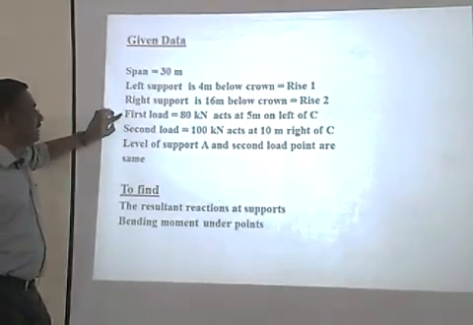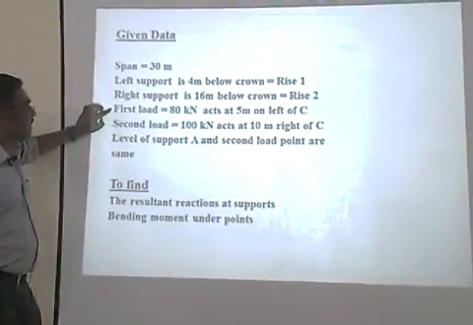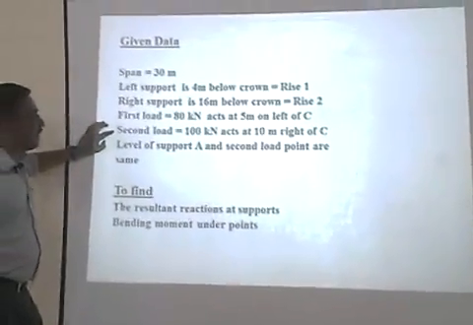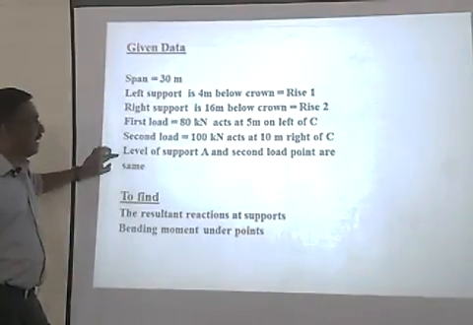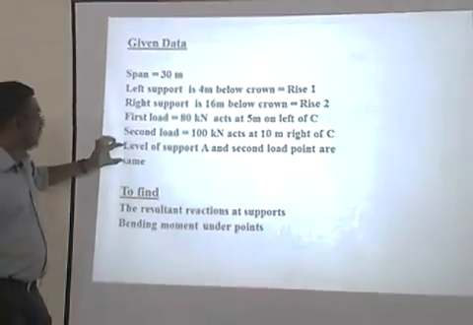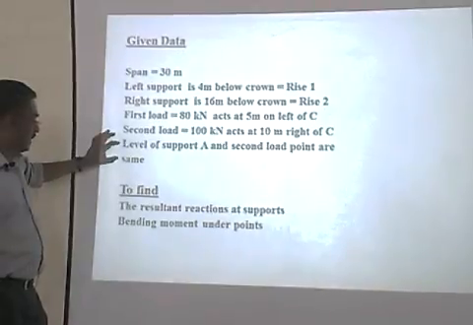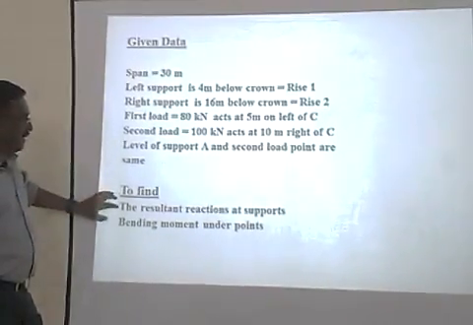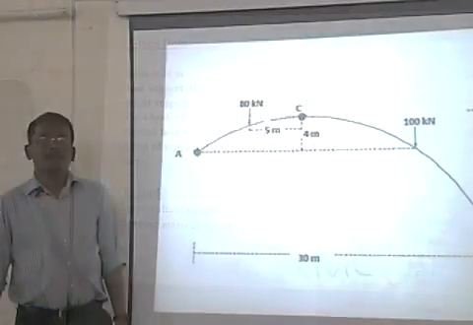First load is 80 kilonewton at 5 meter on the left side of C. Second load is 100 kilonewton at 10 meter on the right side of C. The level of support A and the second load point are the same. We have to include this point also, which shows we are very clear about the data given in the problem, and we have to calculate the resultant reaction at the support and the bending moment under the load point.